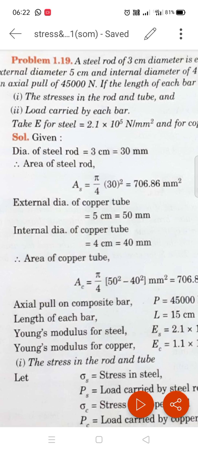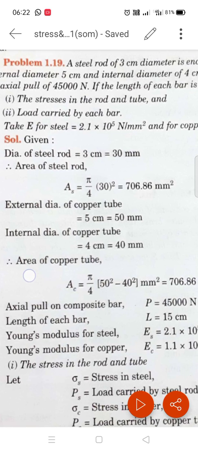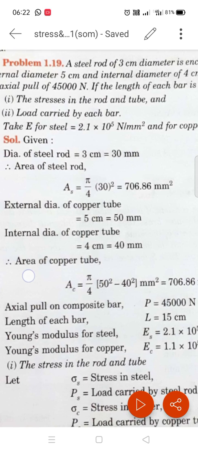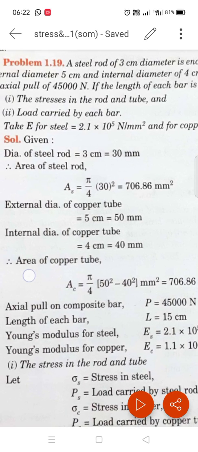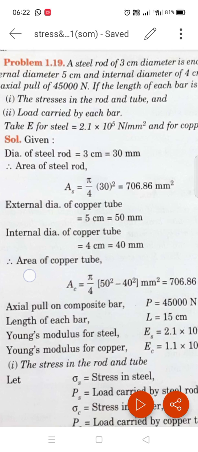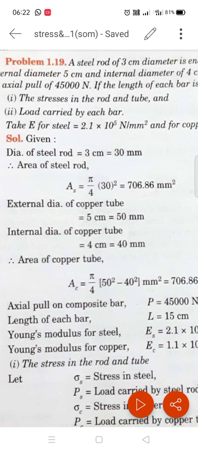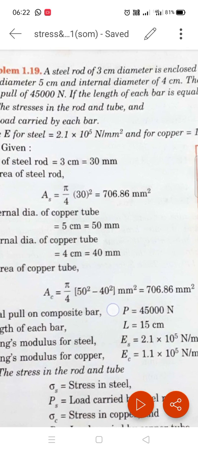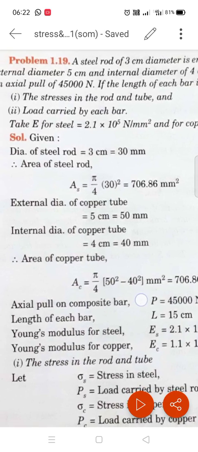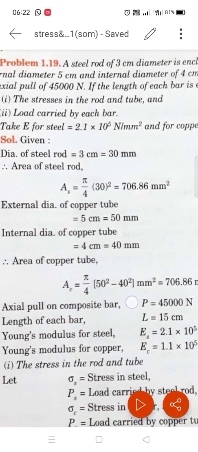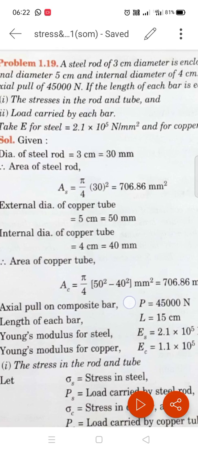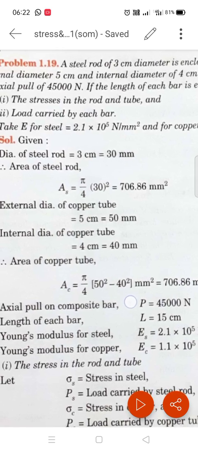Area of steel rod A_S is equal to pi divided by 4 into the diameter given in the problem, 3 centimeter, that is 30 mm, squared, which is 706.86 mm square. External diameter of copper tube 5 centimeter is equal to 50 mm.